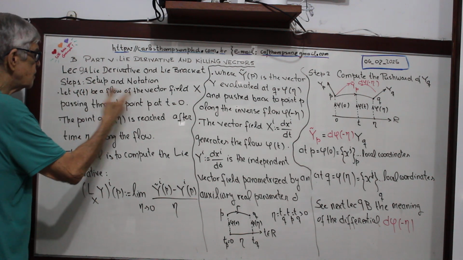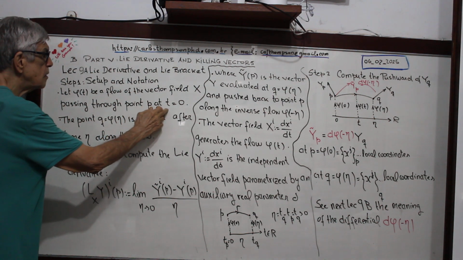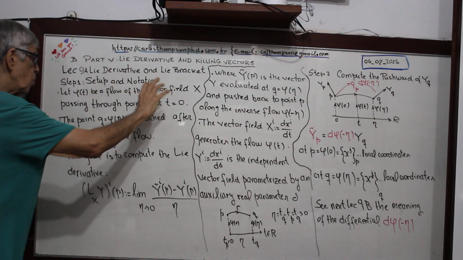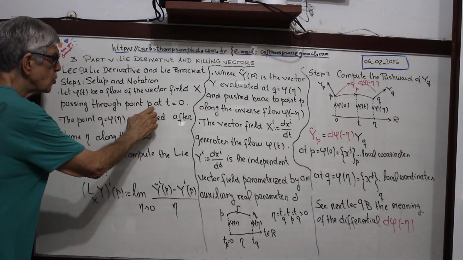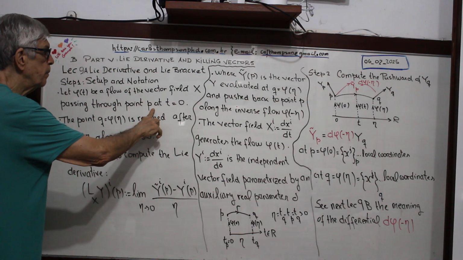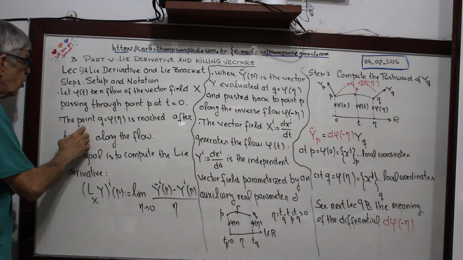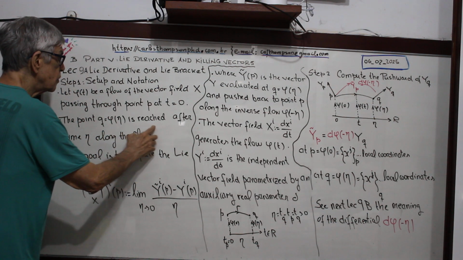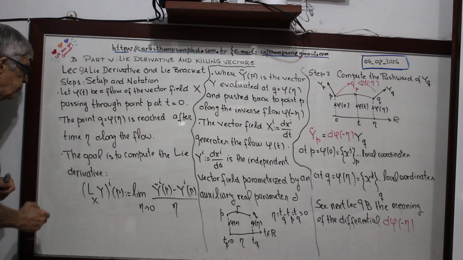In this case, the flow passes through a point P at t equals 0. The initial point is P at t equals 0. The point Q is phi of eta, reached after time eta along the flow.